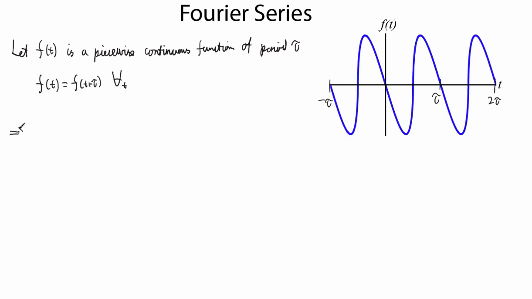Then we can write f of t as being very close to equal, in most cases, to a superposition of cosine functions and sine functions. And omega here is the angular frequency. That's just 2 pi over tau.